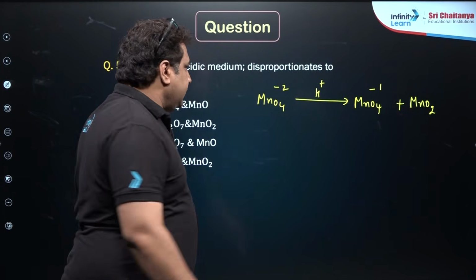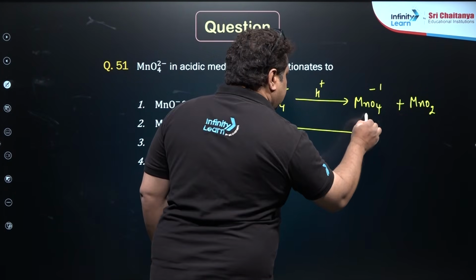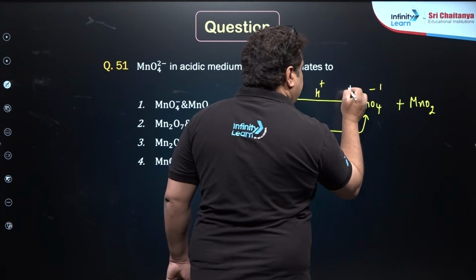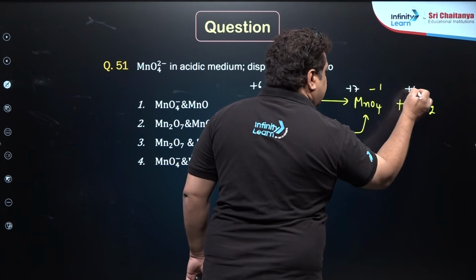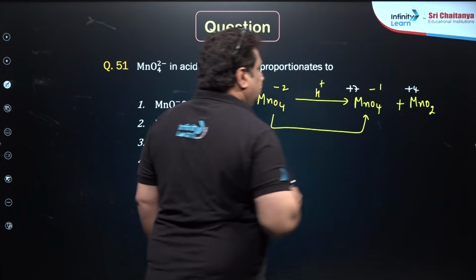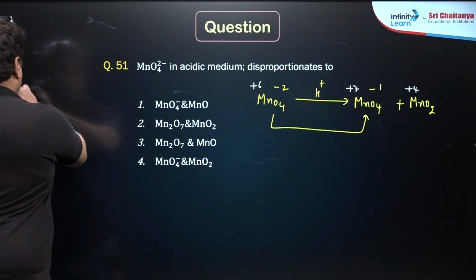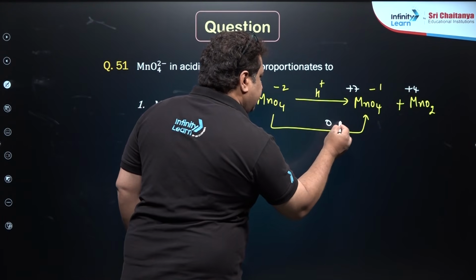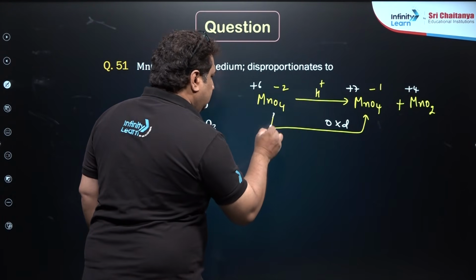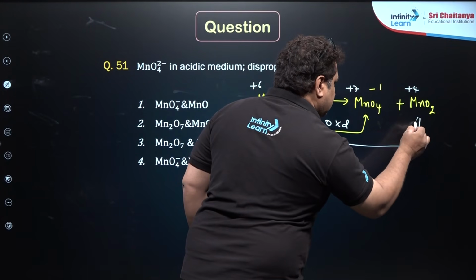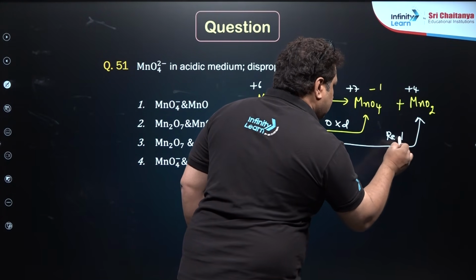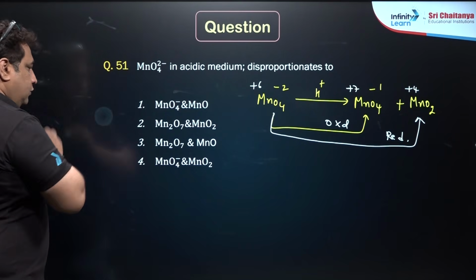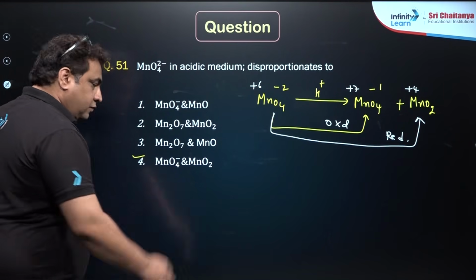Now if you see, this is plus 6, this is plus 7 and this is plus 4, right. So hence now you can see this is oxidized and this is reduced. Can you see all of you? So hence the answer is option 4.